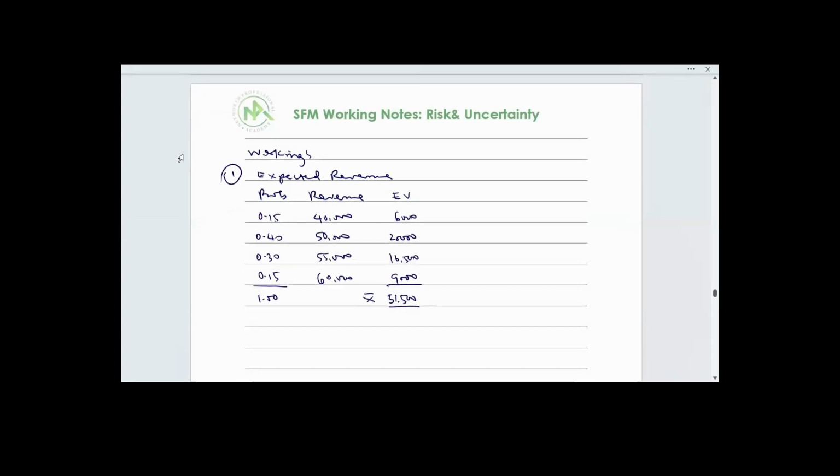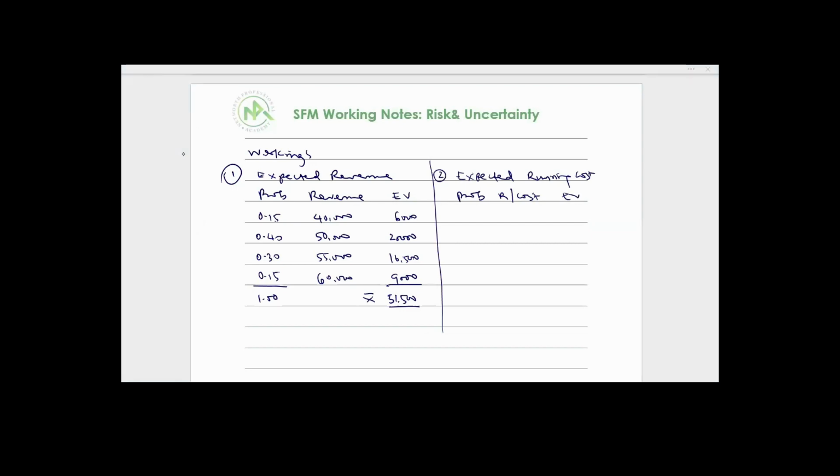I need to calculate expected running cost. You can divide this page into two. Expected running cost: probability, running cost, expected value.